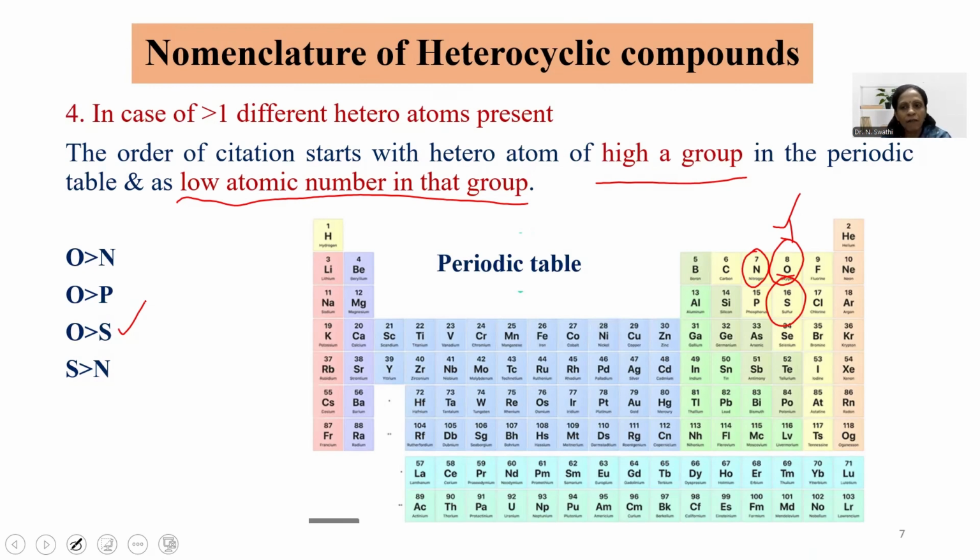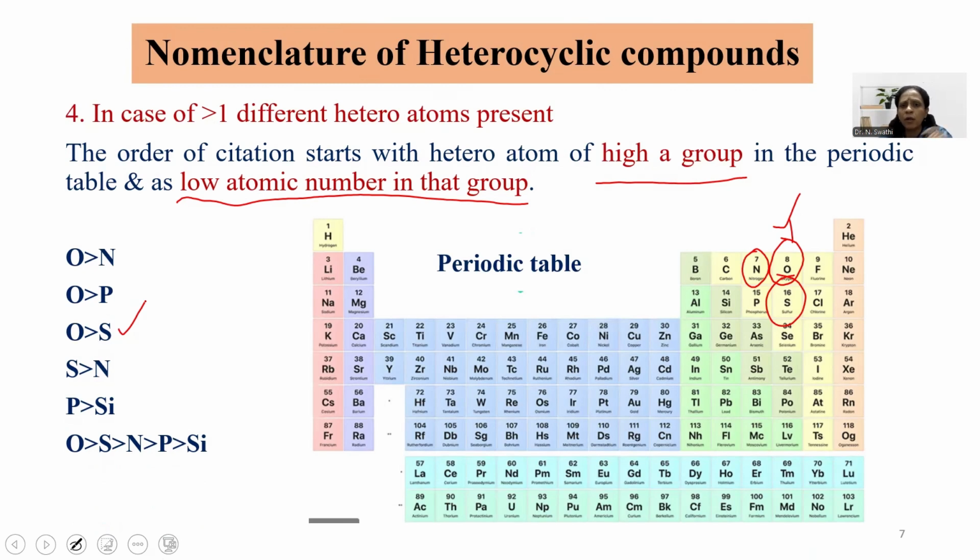And in case of sulfur and nitrogen also, sulfur is group 8 and nitrogen is group 7. So the 8th group should be given priority. So sulfur should be indicated first. So this rule is very, very important when 2 different heteroatoms are present, to decide from which heteroatom we have to start numbering. For that we have to follow this particular rule.